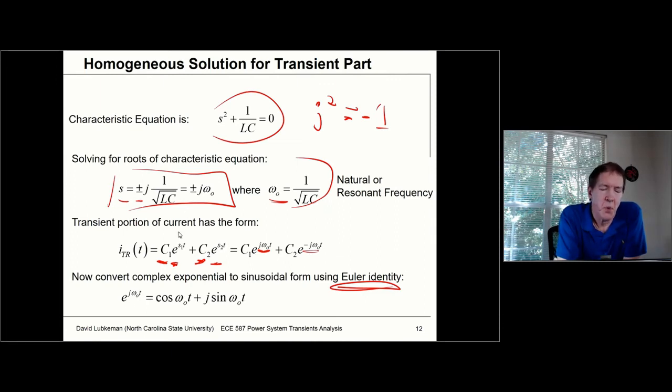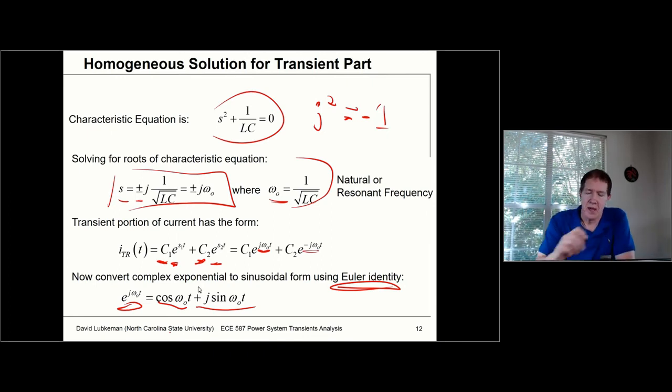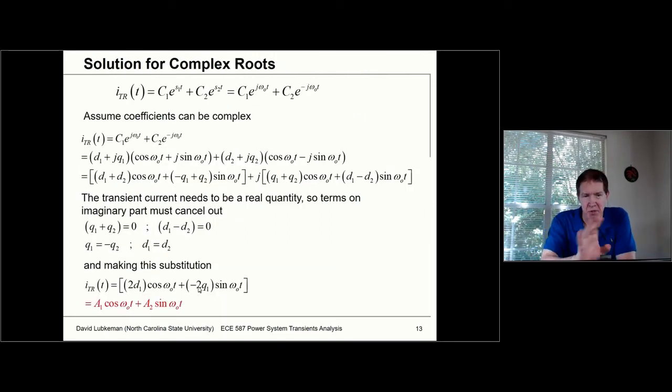The Euler identity says that e to the power of j omega naught t, a complex exponential, is equal to cosine omega naught t plus j sine omega naught t. You can go through this on your own to see how it maps over to a sinusoid; this is kind of a proof of it.